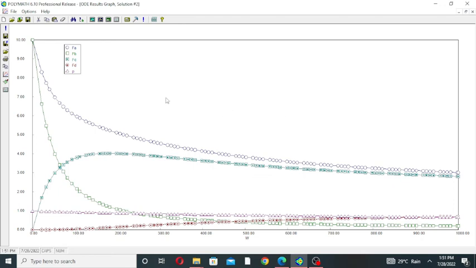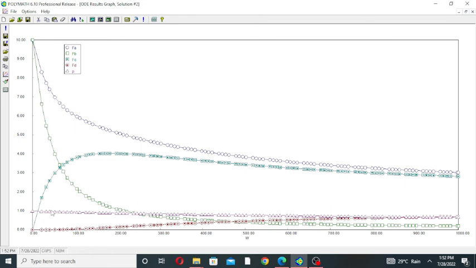Now from this graph, it shows that the initial flow rate of component A is 10, and the initial flow rate of component B is also 10 mole per minute, and A and B decrease with the passage of time in the packed bed reactor. But if you see component C and component D, the values of C increase because C is produced in the packed bed reactor, and D is also produced in the packed bed reactor.